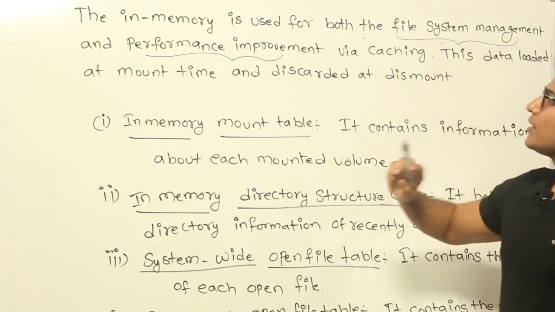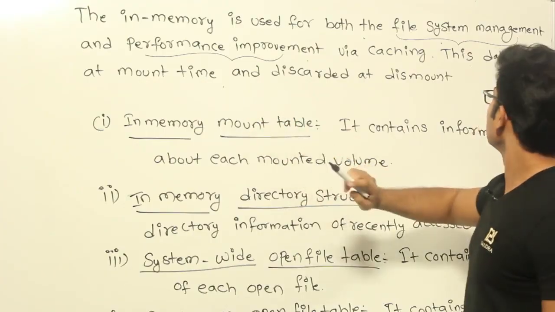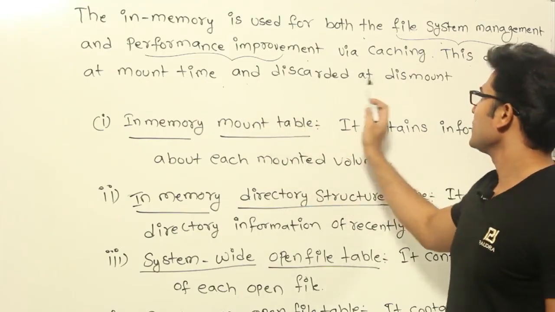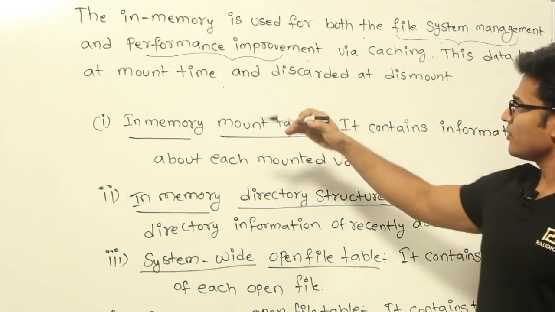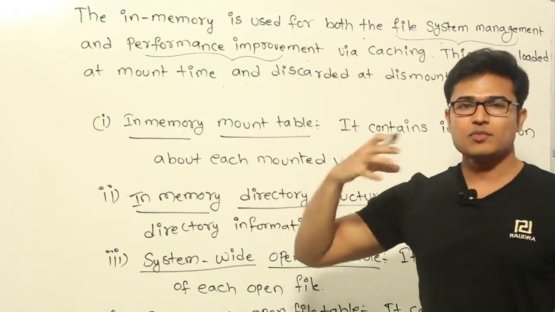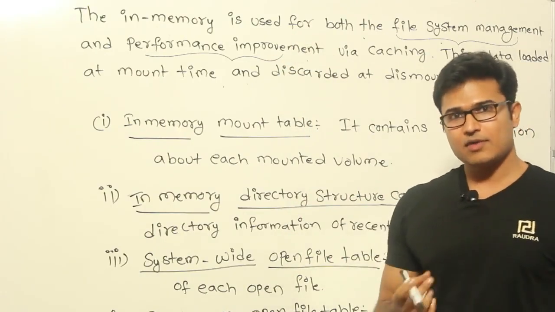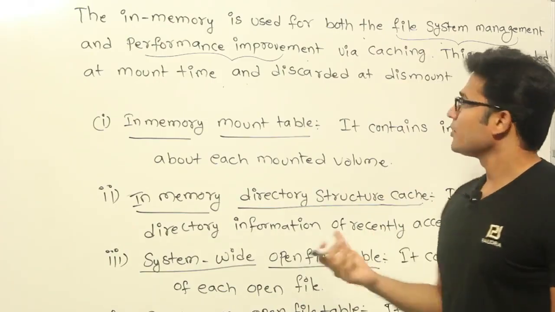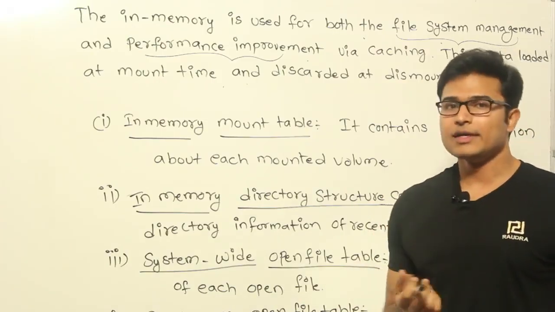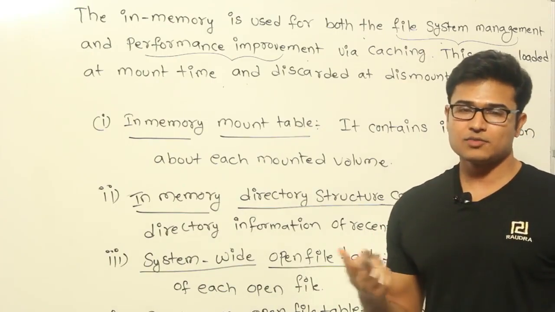This data is loaded at the mount time and discarded at the dismount. So whatever data I am telling you is going to be loaded whenever you mount the file system, and whenever you unmount it or dismount it, you are going to delete the data. What is mounting and dismounting?